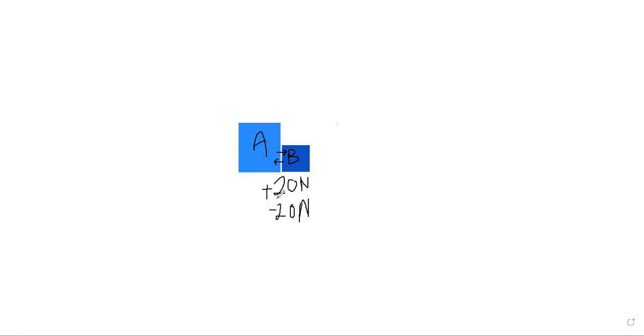So usually, if they want a mathematical representation of Newton's third law, you can just say force of A on B is equal to force of B on A. But since you know it's going to be in the opposite direction, you can put a negative on this side or put a negative on this side.